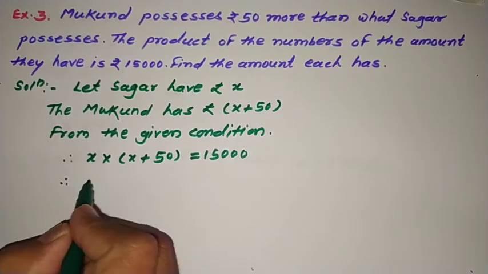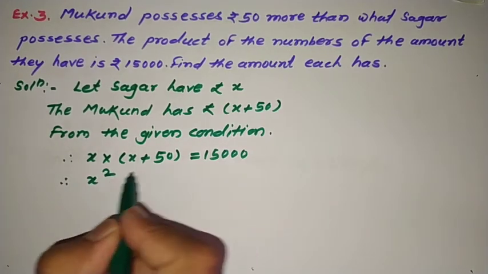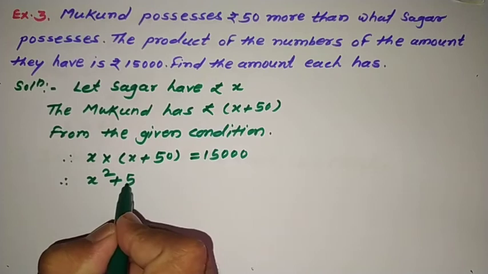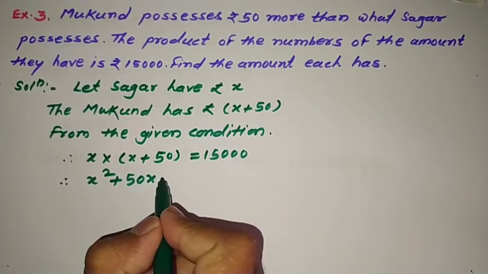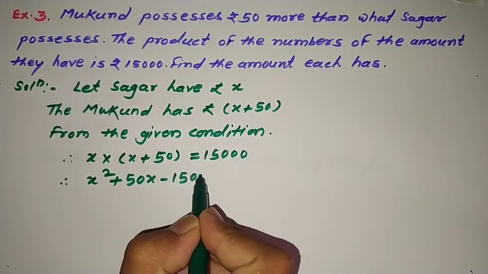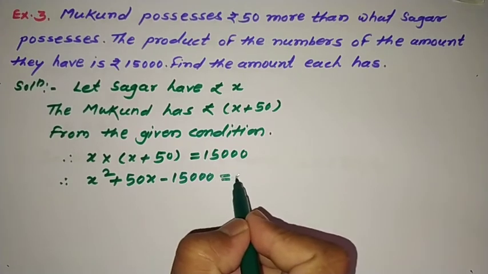Therefore x into x plus 50, solving the bracket, x square plus 50x minus 15,000 is equal to 0.